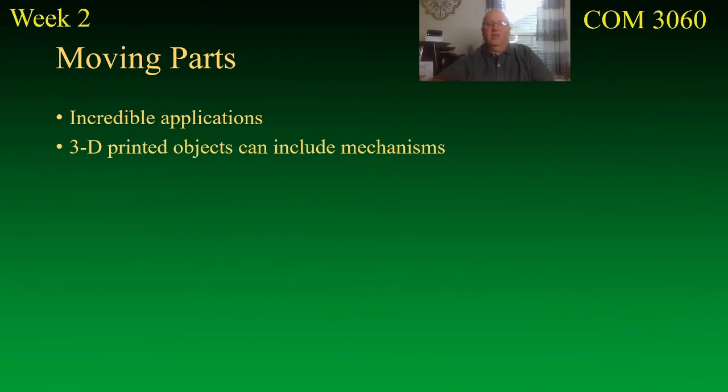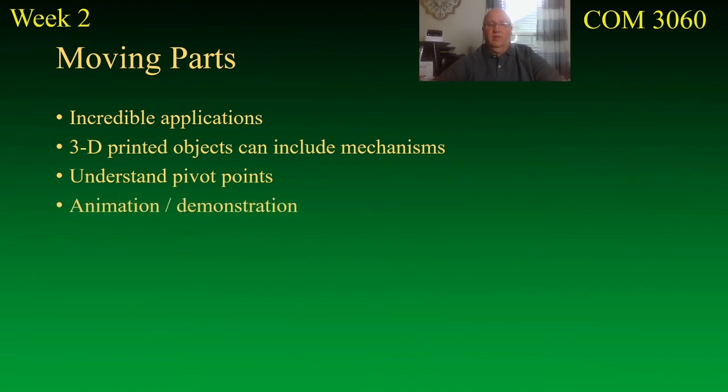And I can't stress enough how important it is to understand how that works, because the potential is enormous. Understanding pivot points. If you've got more than one object or more than one part to an object and you want it to move together, you have to understand you're going to move the pivot point in such a way it works, and we'll demonstrate that today. And of course, you can animate and demonstrate anything that you want using this technology.